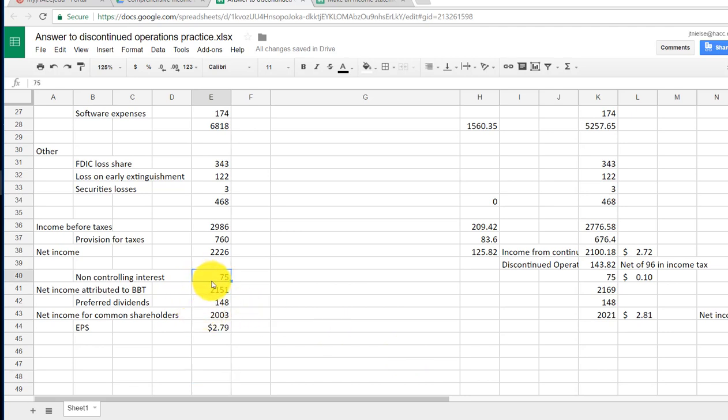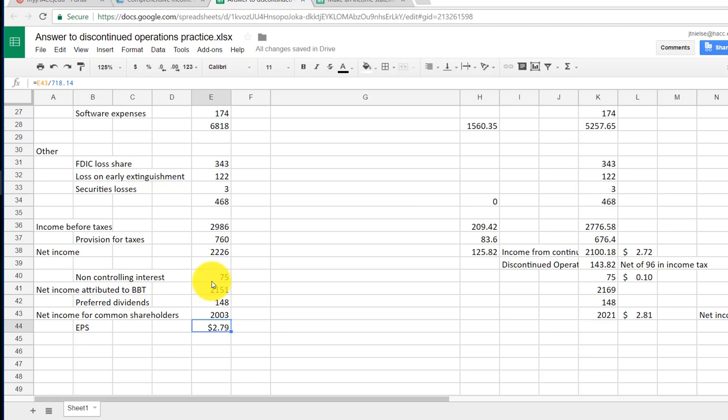So we separate that out. That's their part of the net income. And then in keeping with our earnings per share calculation, which is net income, subtract preferred dividends, getting net income for common shareholders, and dividing by the shares outstanding, you get earnings per share.